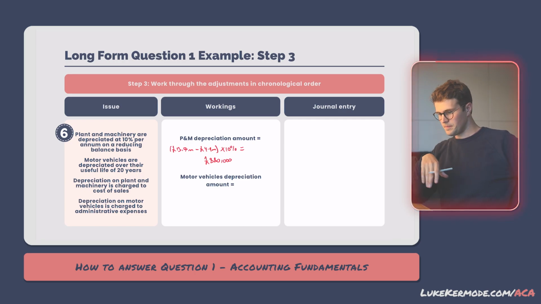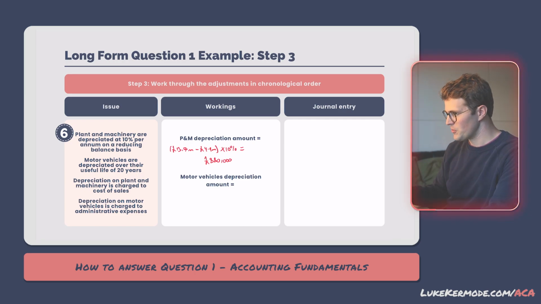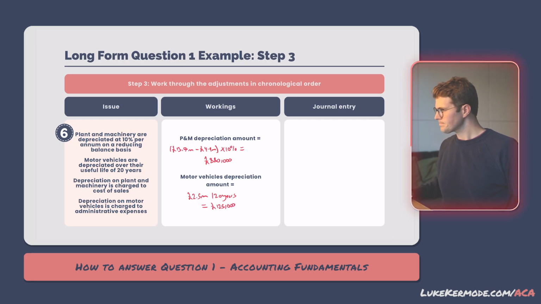For motor vehicles, we use the straight line method, so we take the cost of 2.5 million and divide by the useful life of 20 years to get an annual depreciation charge of £125,000.